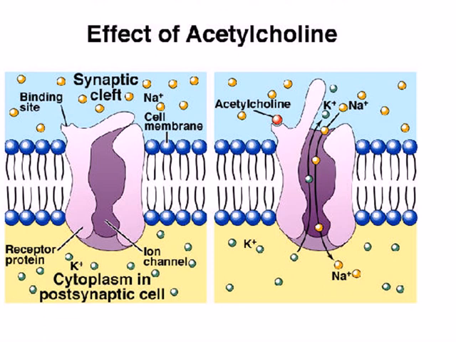In other words, it becomes depolarized. When the positive charge at the motor end plate reaches a threshold level, sodium gates open up all along the sarcolemma in an event known as action potential, and muscle contraction has begun.